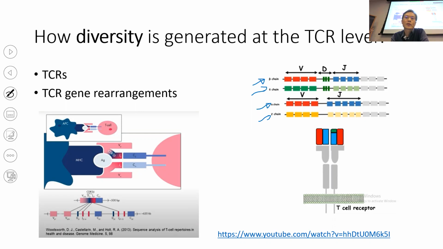Because of combinatory effects, you can have different combinations of subdomains to create particular combinations of those subunits or subchains of receptors, so that gives you different subtypes of receptors. And they have different binding affinity to the antigen presented by the antigen presenting cells.